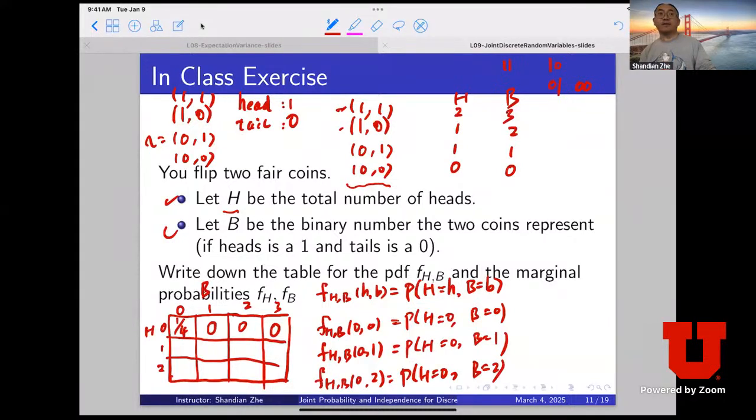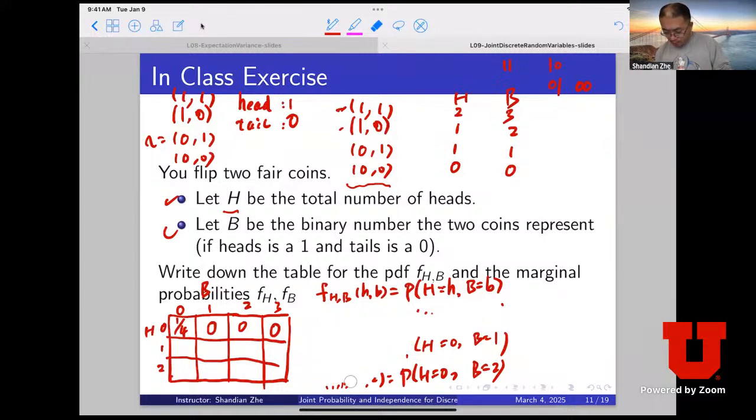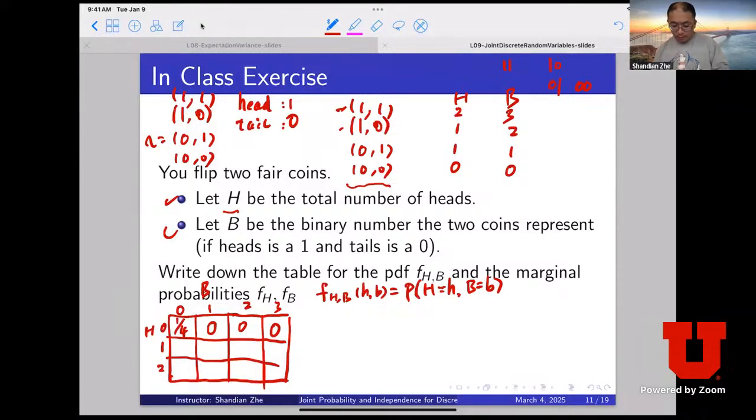Does it make sense? Okay, so we just keep doing this. How about the PDF at H is 1 and B is 0? What's the value for this density function?